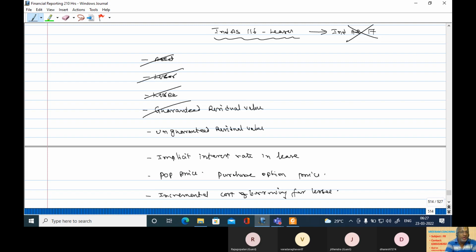So in order to avoid such a scenario, the lessor will impose this condition of fixing some guaranteed residual value. In case it is not achieved, the lessee has got to pay the money. Therefore, every lessee will take into consideration this guaranteed residual value while returning. He will ensure that the asset possesses that guaranteed residual value.